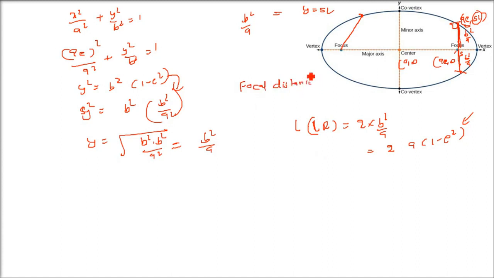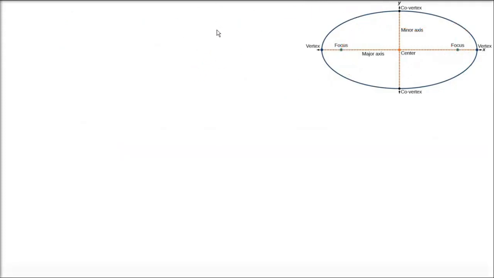So this is f1, f2, and this is d1, d2. This d1, d2 are nothing but focal distances, right? d1, d2 are focal distances. So you just have to find the distance of xy from ae, 0, the distance from xy to minus ae, 0.